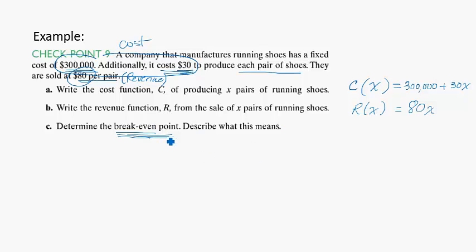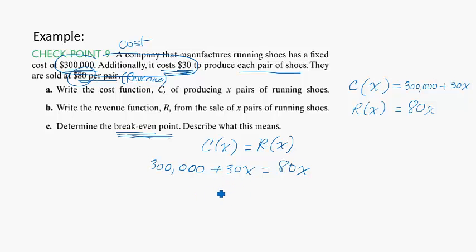So if we want to find the break-even point, we're simply looking for where your cost function equals your revenue function. And your cost function here is 300,000 plus 30x, and your revenue function is 80x. So we can set these equal to each other.